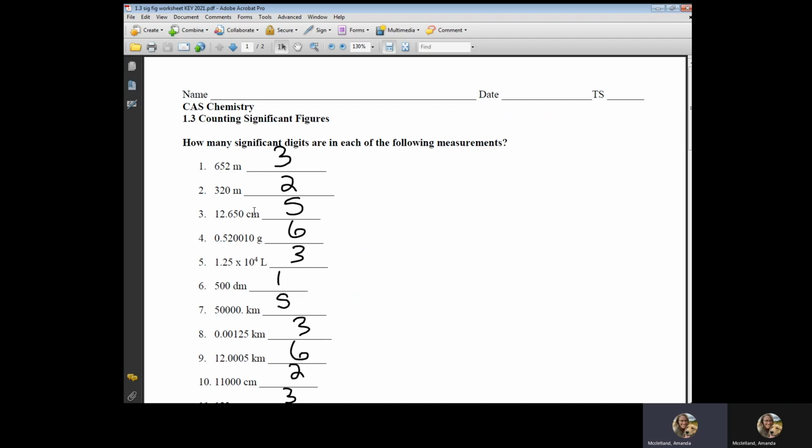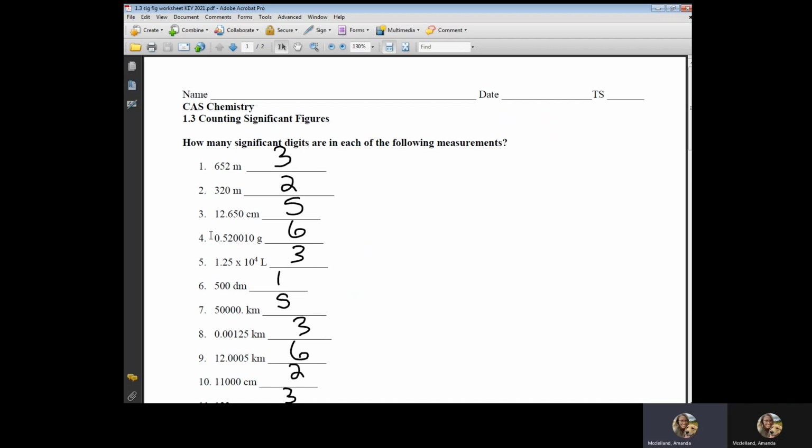But number 3, 12.650, that 0 was an estimate because it's at the end of a decimal, to the right and at the end. So my measuring device was able to go to 3 decimal places and it was exactly on that 0.05 line.